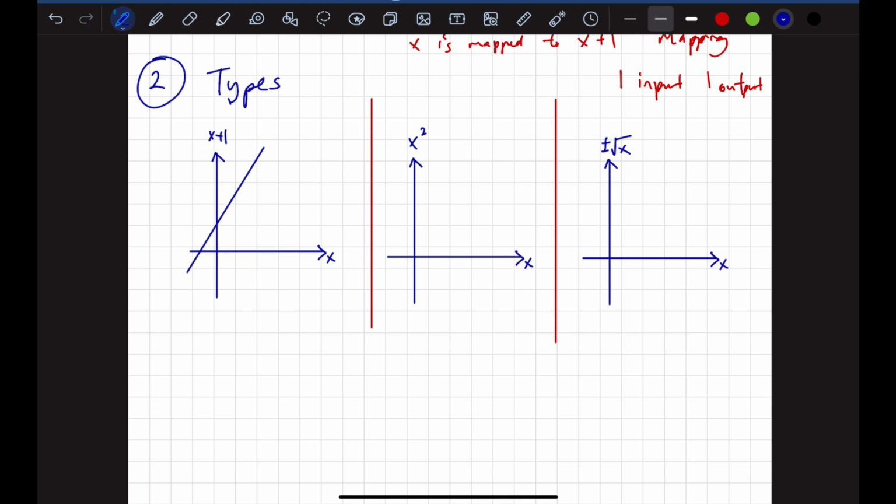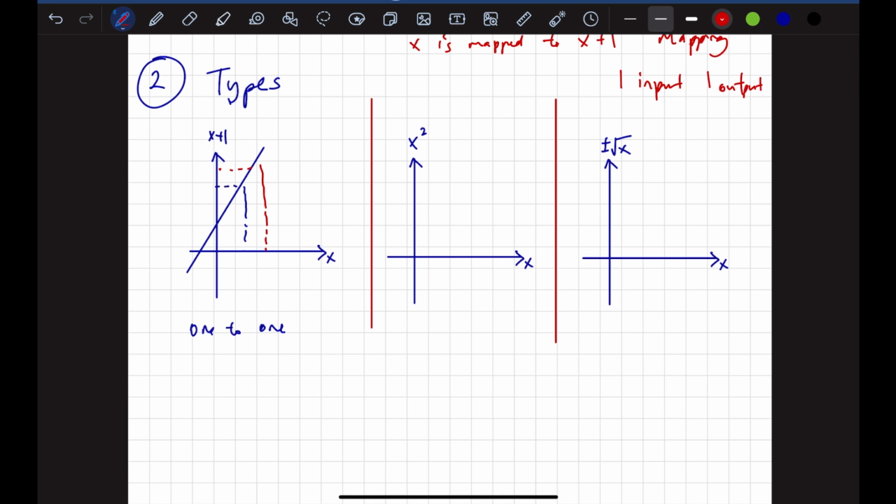Okay, now this kind of mapping we call a 1-to-1 mapping, because one input results in one specific output. If I try another point, one input results in one specific output. So basically one value of input results in one value of output. You can't have 2 values of output.